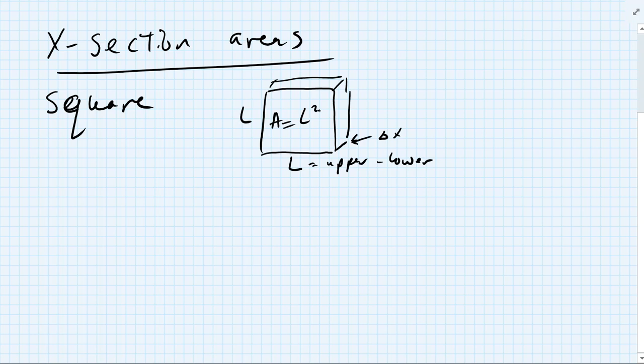So we integrate the length squared between A and B dx, and dx is this width here, and I get 3 dimensions. So volume is going to be the integral of area dx or dy, so volume is equal to the integral of L squared dx from A to B.